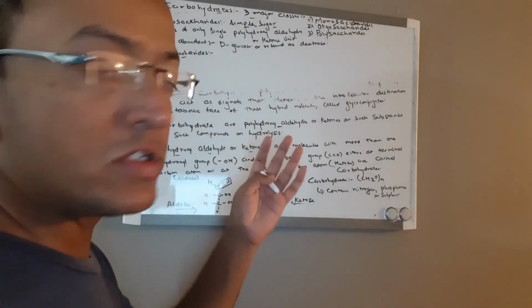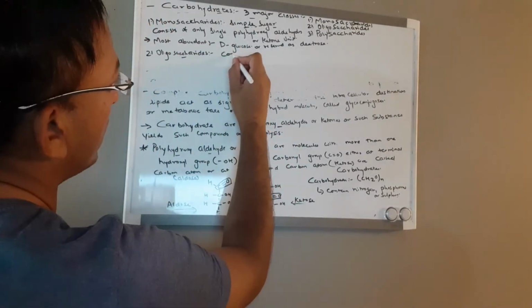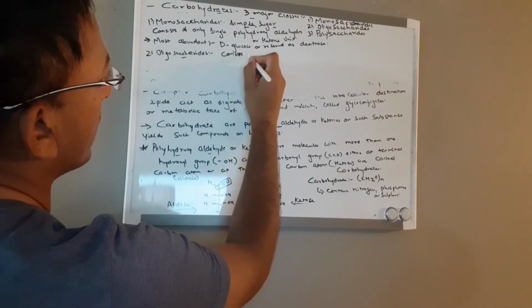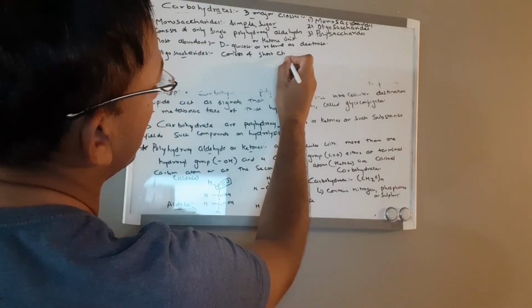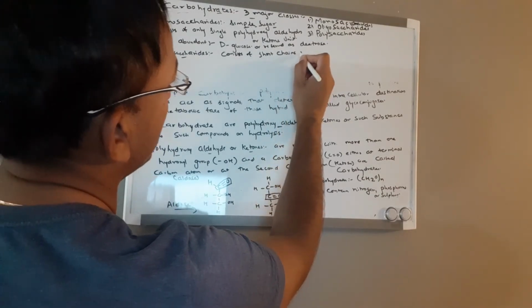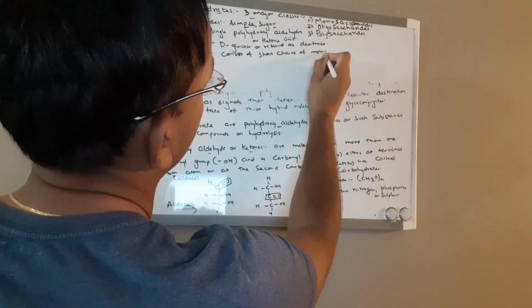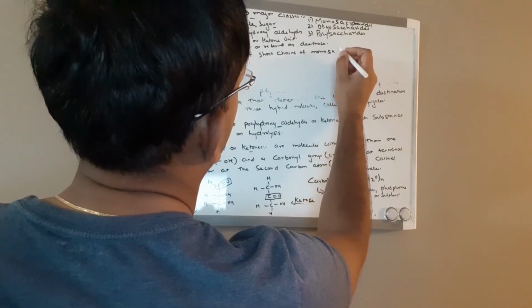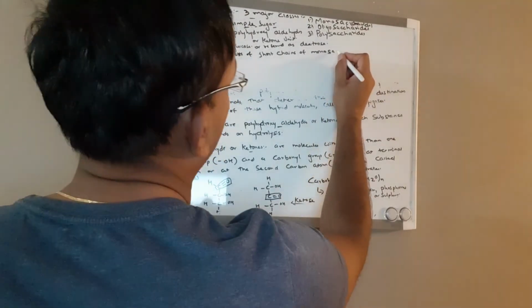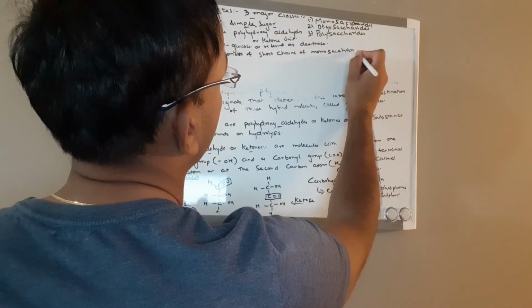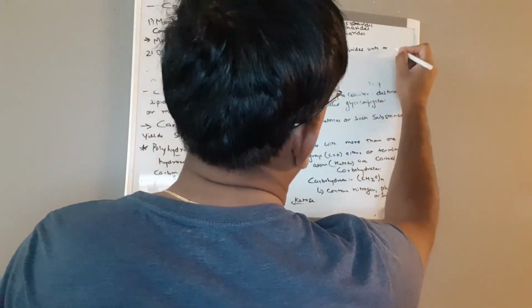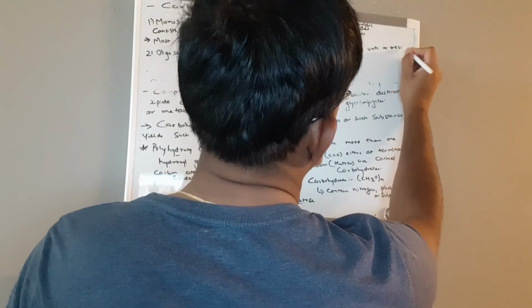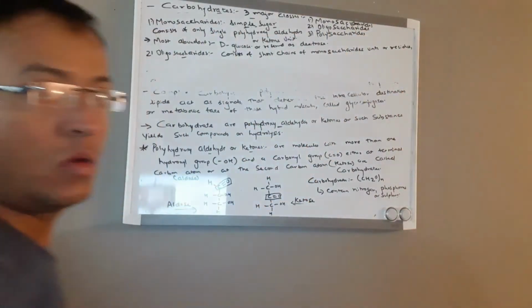So what are oligosaccharides? They consist of short chains of monosaccharide units, or you can say residues, right?